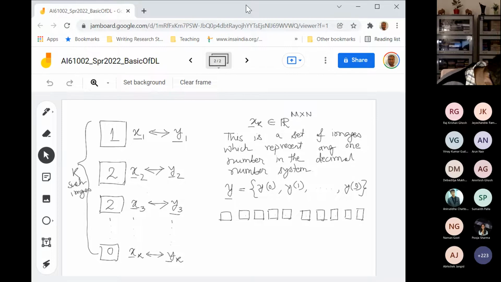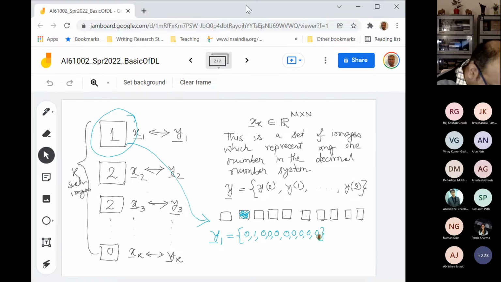Now, say I have this particular image x over here. Corresponding to that, what will my y1 look like? If this is 0 and this is 1, then this one will be highlighted. So your y1 is going to look like this: 0, 1, 0, 0, 0, 0, 0, 0, 0, 0.